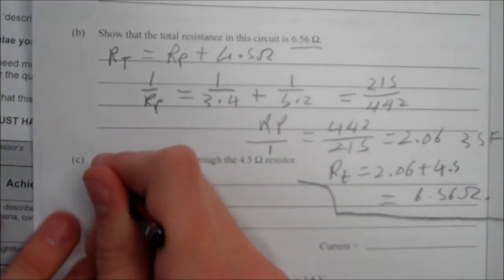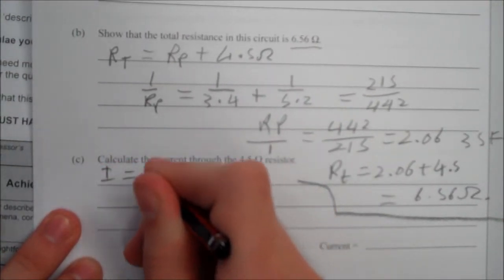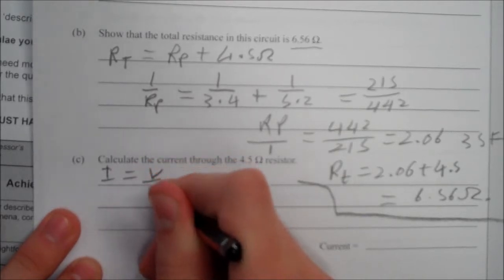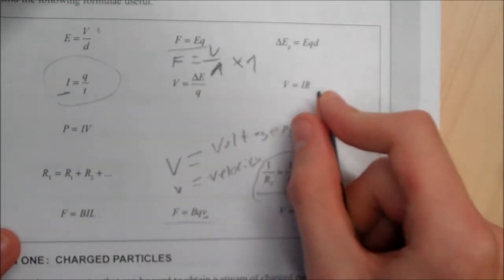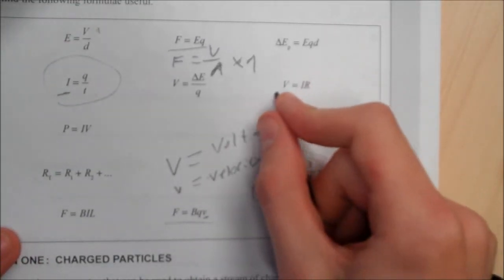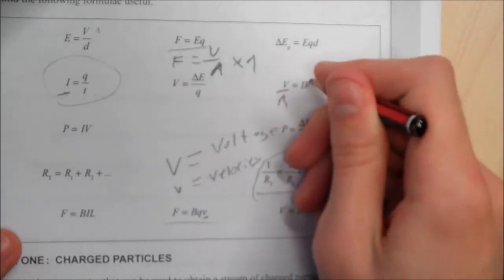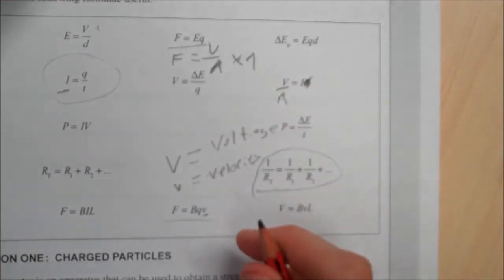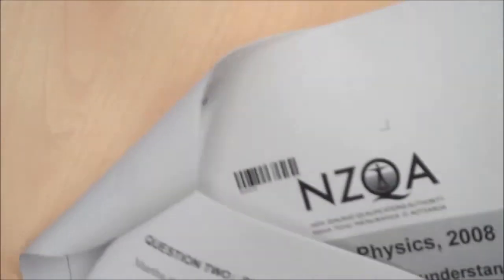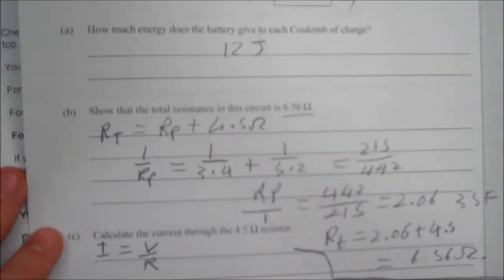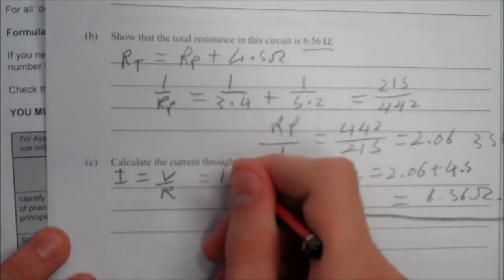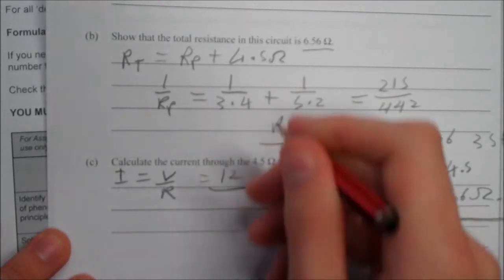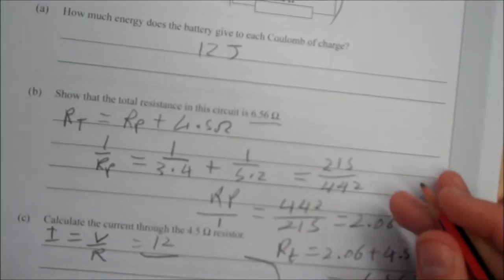So I is equal to V over R, which is shown here as V equals I R, so obviously to find I, we just divide both sides by R. So it ends up like that. So I equals V over R, which is equal to 12 over 6.56.